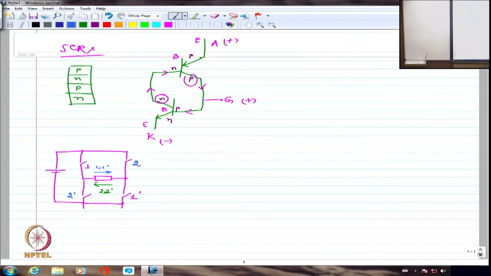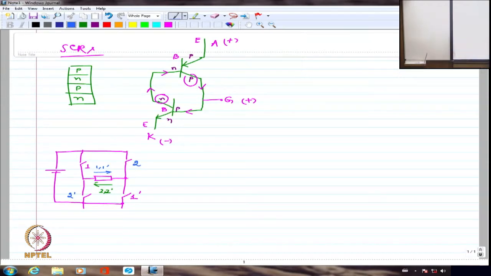But by chance, if I am not able to turn off 1 and 1 dash, but I have turned on 2 and 2 dash inadvertently, without knowing, then what will happen is, both these will conduct together. So you are looking at a dead short circuit across the DC supply.